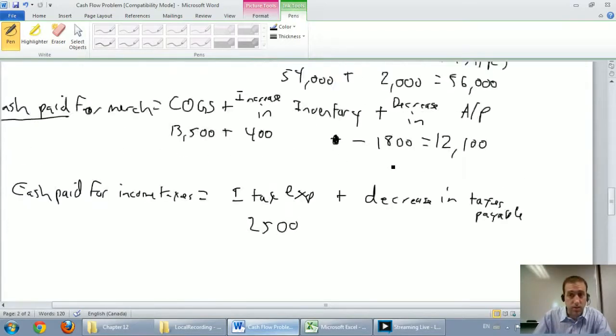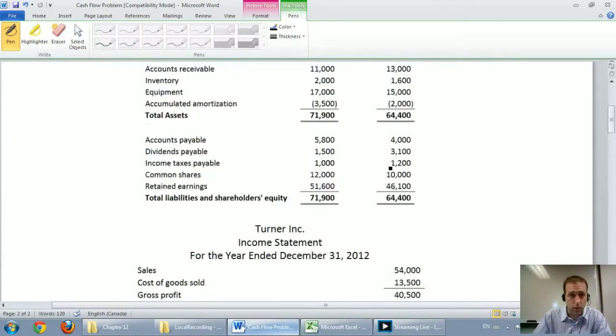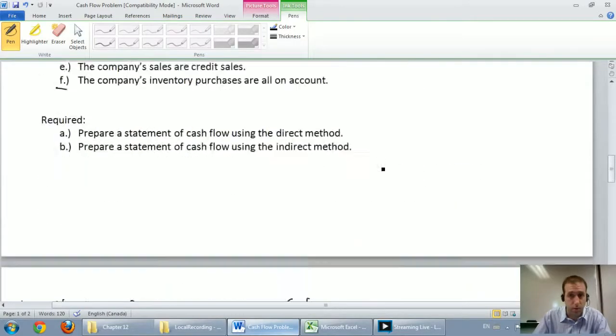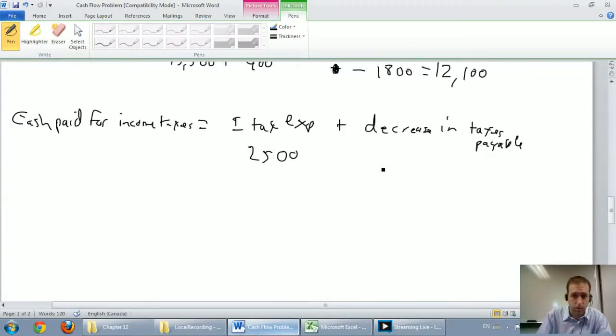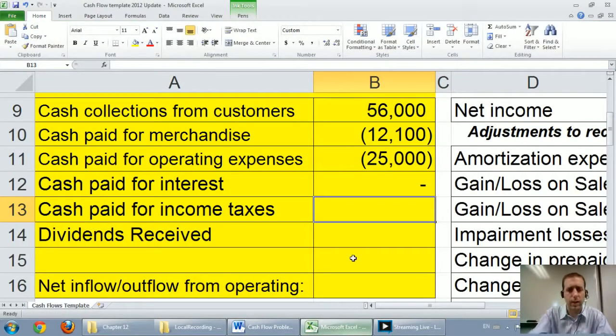plus decrease in taxes payable, and our taxes payable went from 1,200 to 1,000, went down by 200, so I'm going to add that amount, plus 200. So 2,500 plus 200 is 2,700, and that's our cash paid for income taxes. So I'll fill that in, and of course it's a negative 2,700 because it's a cash outflow.